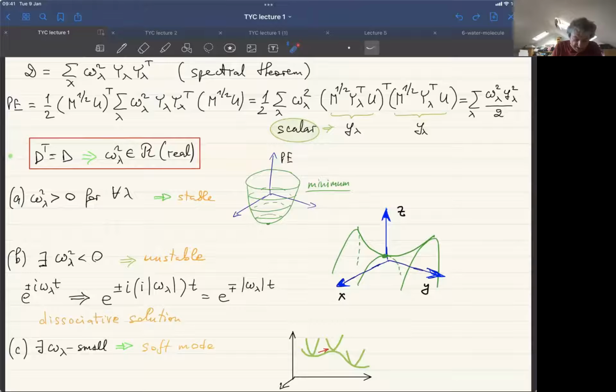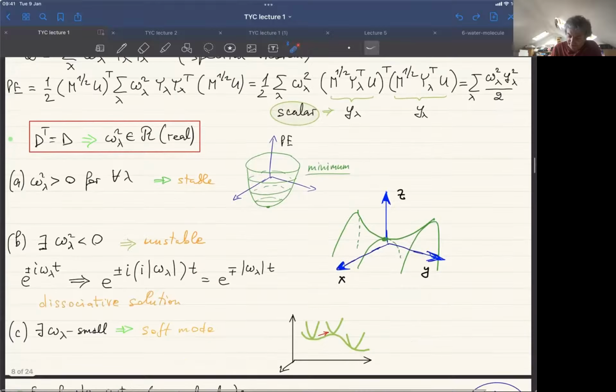So if I have a single frequency such that omega squared is negative, and therefore the frequency itself is imaginary, then there exists a direction in space such that if I displace atoms in this direction, the energy actually goes down. If I displace atoms in all other directions, the energy goes up.